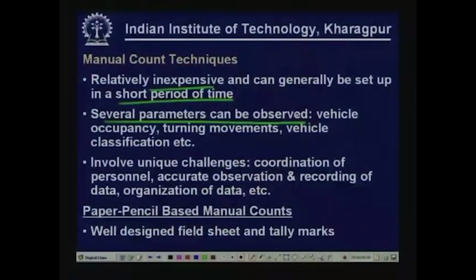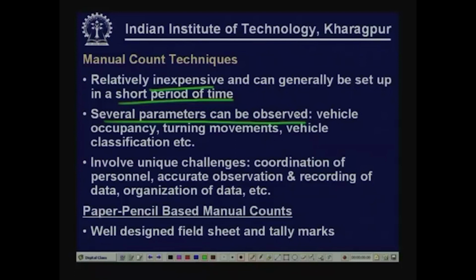But with automatic counts, it is very difficult to classify which one is a taxi and which one is a private car. So, in some cases manual count techniques are extremely useful, because a large number of parameters can be observed, like vehicle occupancy, turning movement, vehicle classification, etc.